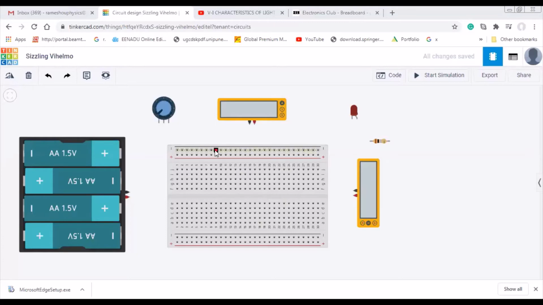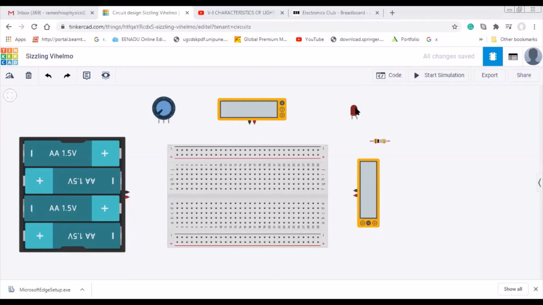The top and bottom, you can see here, are linked horizontally. The other rows are linked vertically. That means these are connected in series. In this breadboard, first I place the LED.